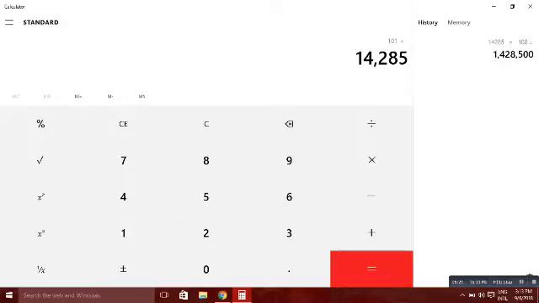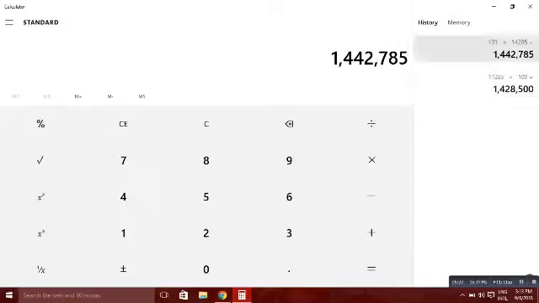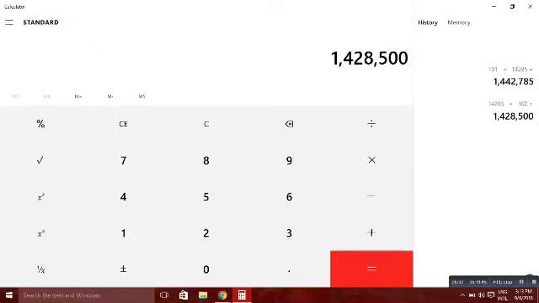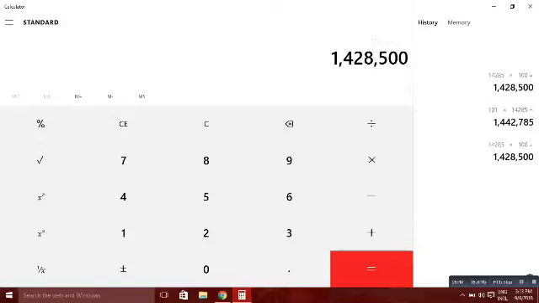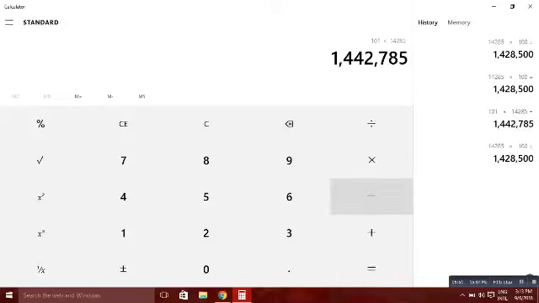Let's deduct this from 1428500. How much profit are we going to have?